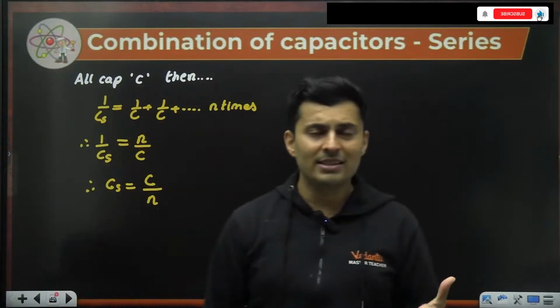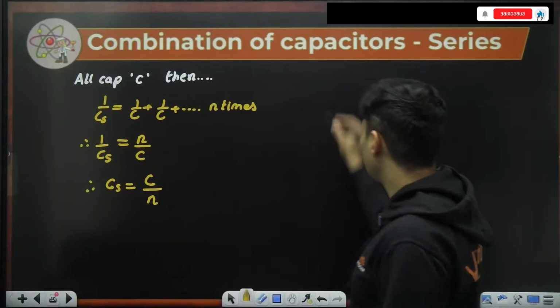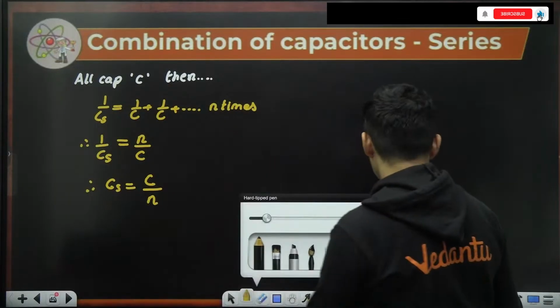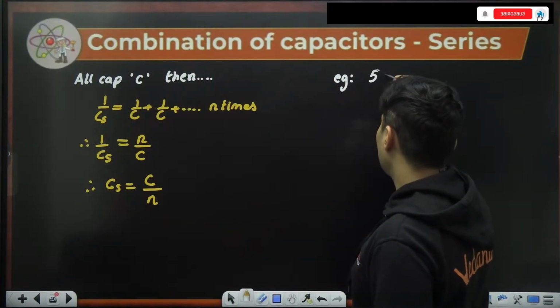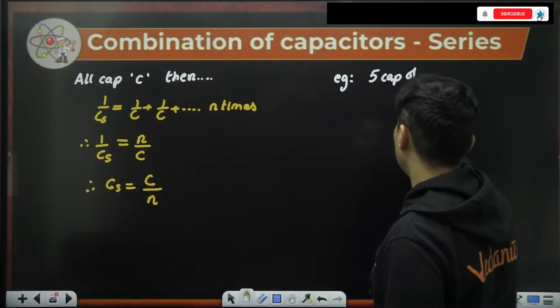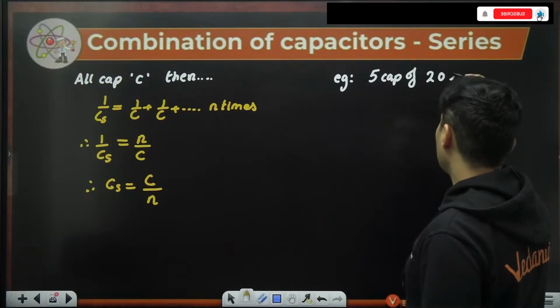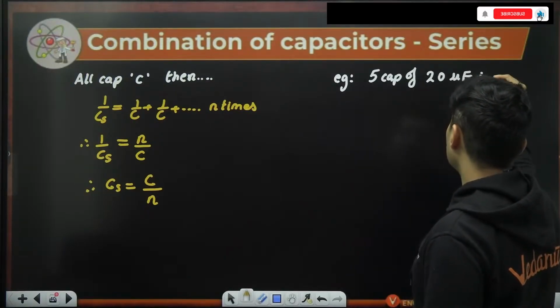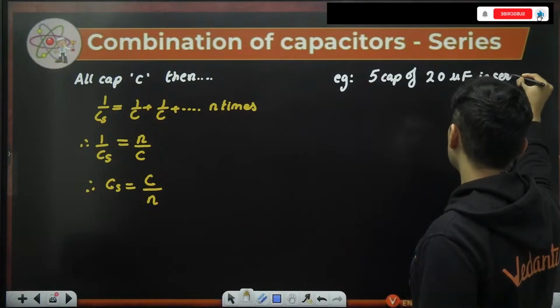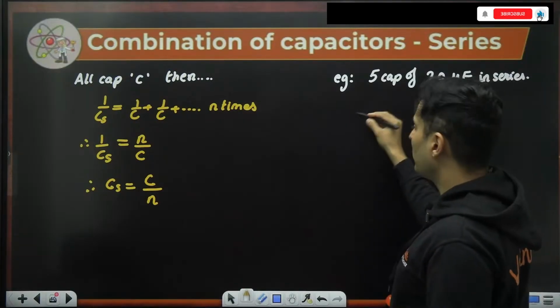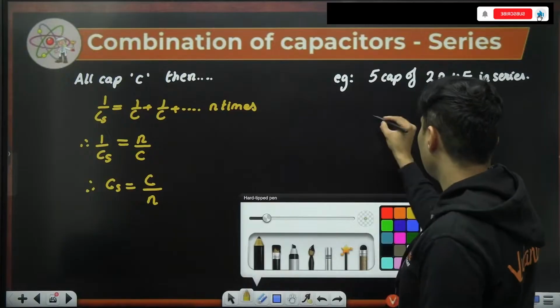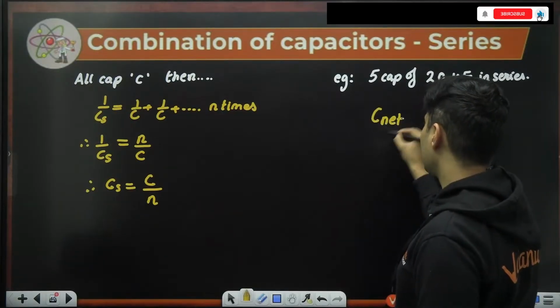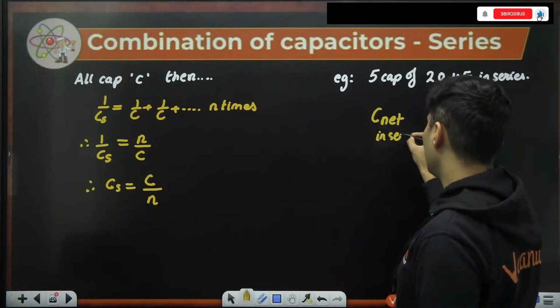So therefore, Cs, take reciprocal, will be C by n. So if I have 5 capacitors in series, for example, you have 5 capacitors of 20 microfarad in series, then what will be the net capacitance in series, guys? Just think about it.